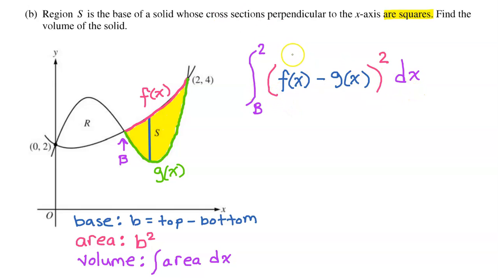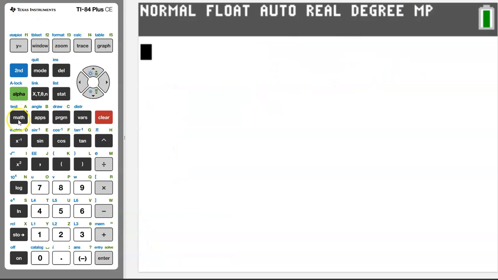As we do, please remember that I entered f of x into y1 and g of x into y2. So I will integrate y1 minus y2 quantity squared. Again, for integration, we hit Math 9, and we are integrating from b, so alpha b, to 2. Now, be careful.